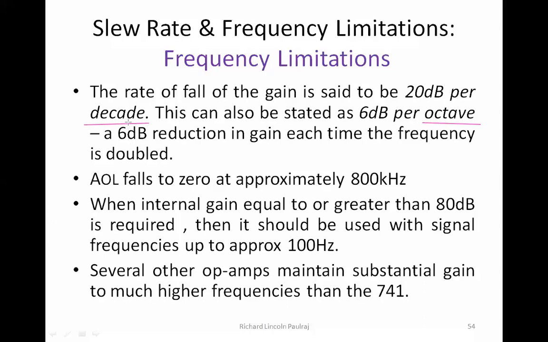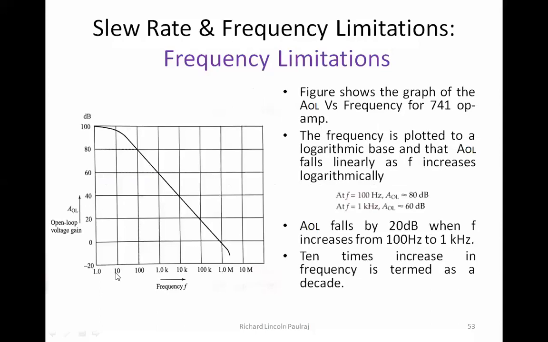Okay, so we have learned the definition of decade, and we have seen that it has been associated with 20 dBs, and octave is referring to the frequency getting doubled. If you can see the graph that I've put up in my slide, this is 1 hertz, this is 10 hertz.